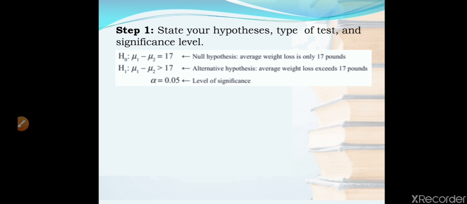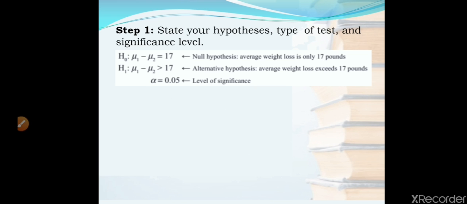Here we know mu1 minus mu2 is equal to 17. The null hypothesis is that average weight loss is only 17 pounds, and the alternate hypothesis is mu1 minus mu2 is greater than 17, that is, the average weight loss exceeds 17 pounds, and the level of significance is 0.05.